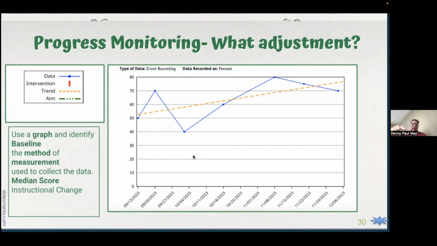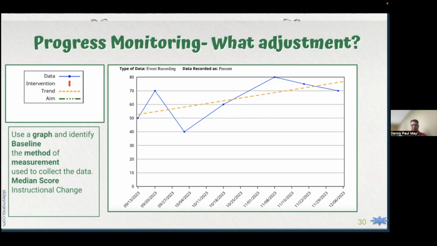Let's say the trend line was descending, but we were trying to get to an ascending goal, then what would we do? So let's think about if you've got a kid trending well below the aim line, and you've got data points there, 3 or 4 weeks, and that student's clearly not trending toward reaching that goal.